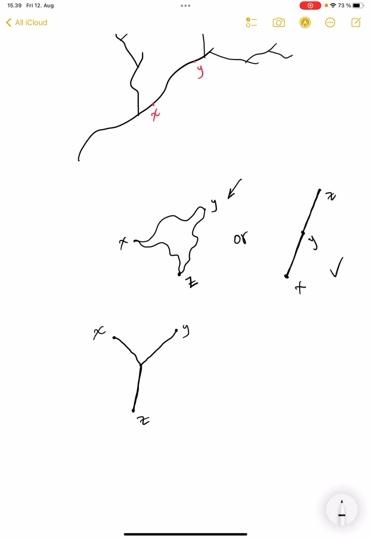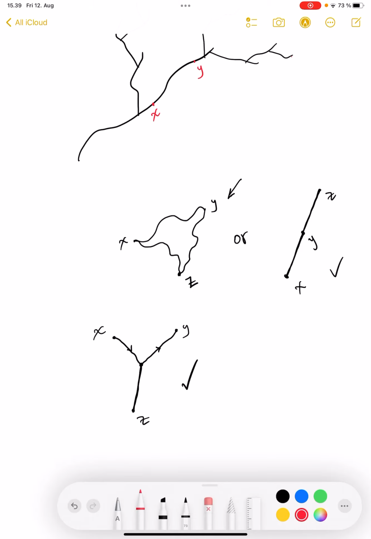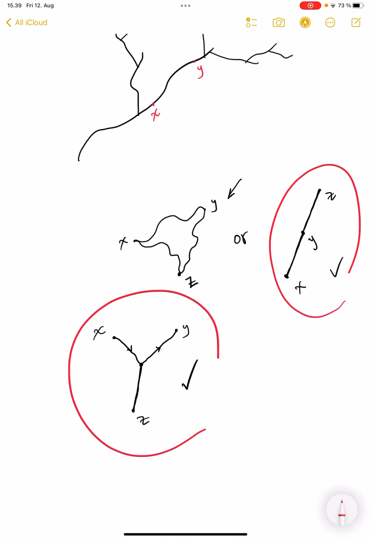And then the shortest curve from X to Y happens to be just making this turn half way. So this and this are the only allowed formations of geodesic triangles. Of course, X, Y, and Z can change the letters. So without loss of generality, these are the only possible configurations inside a metric tree.